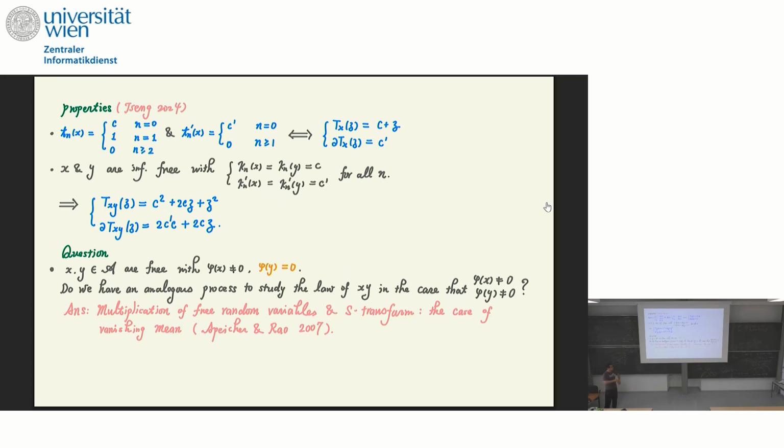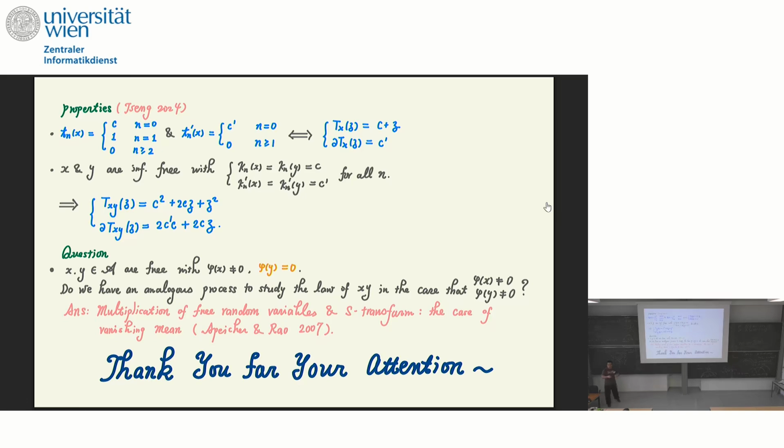And if you consider further, how about the case where you have two free variables where both means vanish? Whether we can also have a nice combinatorial interpretation for that, what I know is that it is still unknown. So there are several things I still try to think about. Okay, that's all my talk. Thank you.